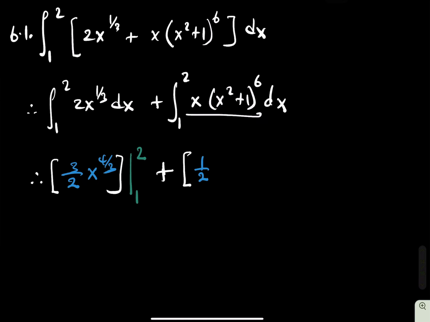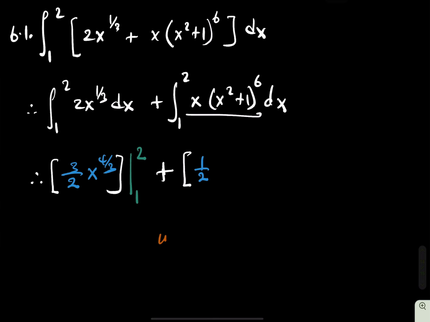Now you are going to integrate that. I'm trying to check something. There is a half already there. So u to the power 6 integrates to, I think, 1 over 7. Let me do it.